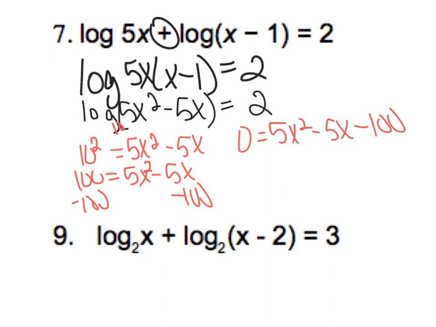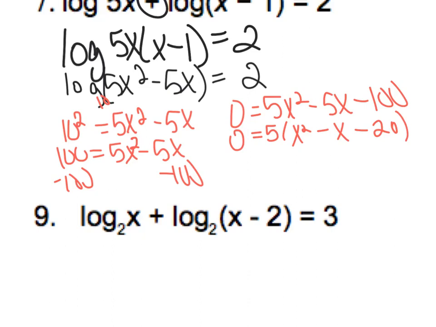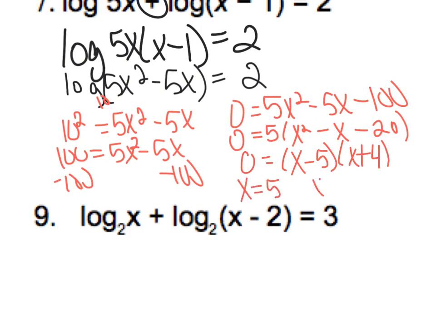Again, I need to take out the greatest common factor. Of 0 equals 5 times x squared minus x minus 20. If I divide out that 5, I'm just left with x squared minus x minus 20. So I'd have 0 equals, I'm going to factor that to x minus 5 and x plus 4, which means my 2 solutions are either x equals positive 5 or x equals negative 4.